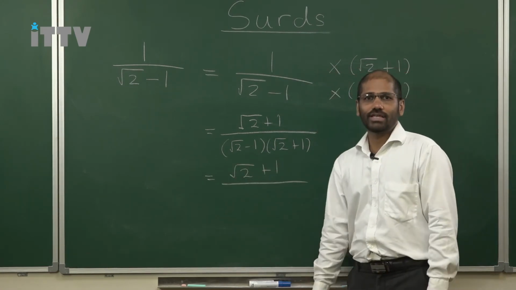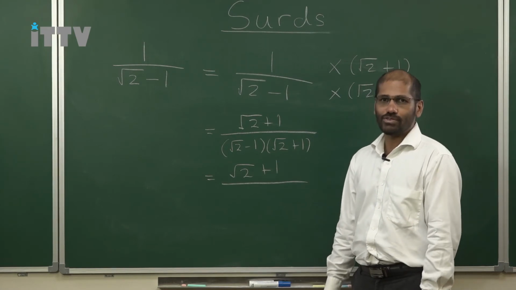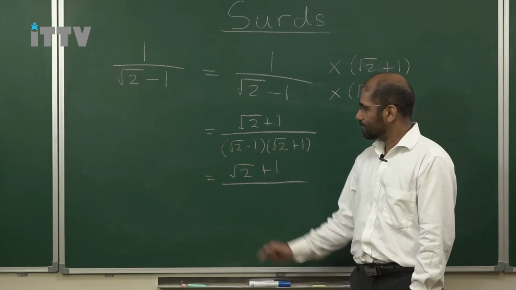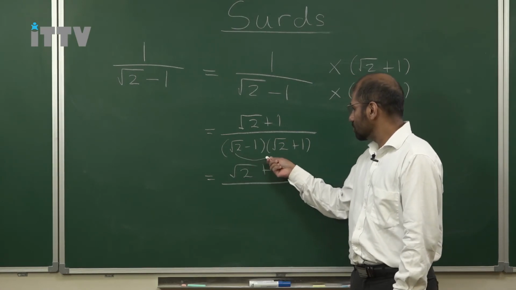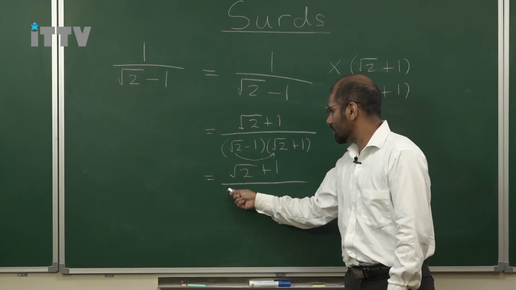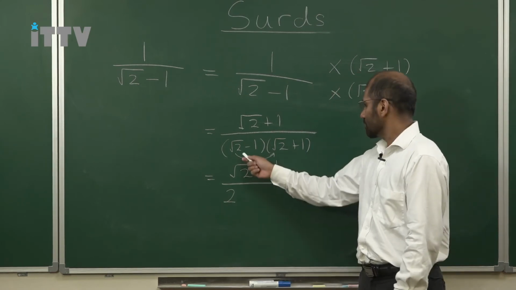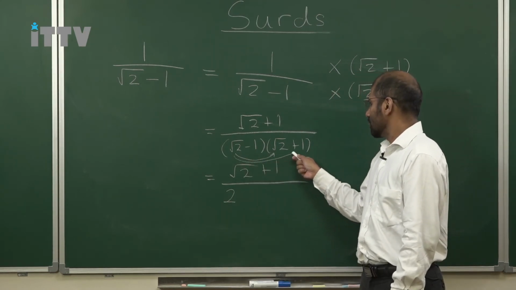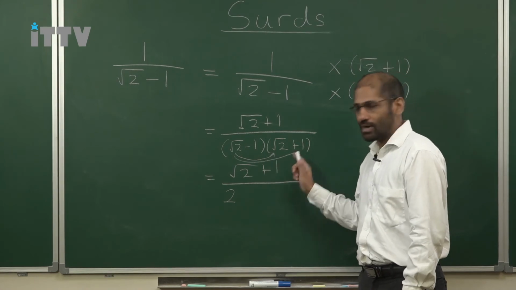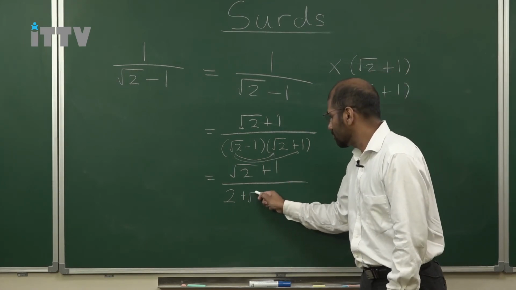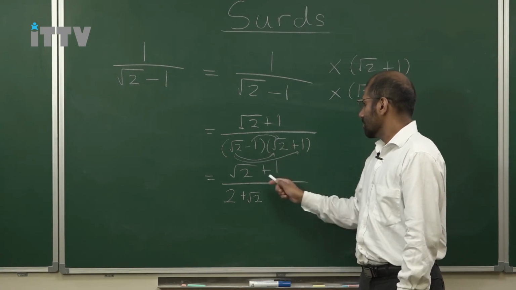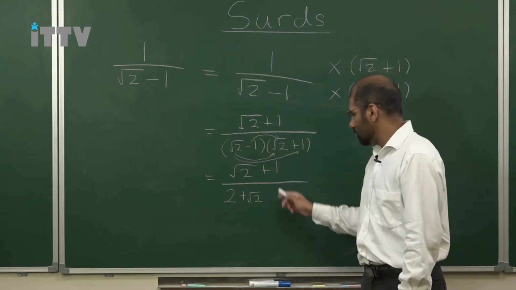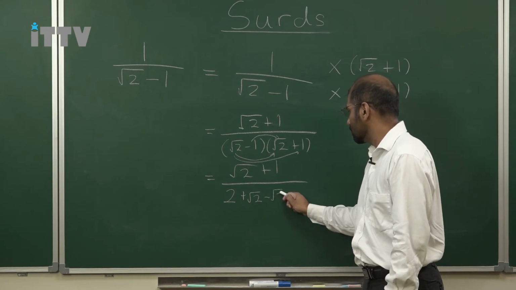So earlier we have established that square root a times square root a is going to give us a. Hence, by expansion of the bracket, we have square root 2 times square root 2 gives us 2. Square root 2 times positive 1 gives us positive square root 2. Minus 1 times surd 2 would give us minus surd 2.